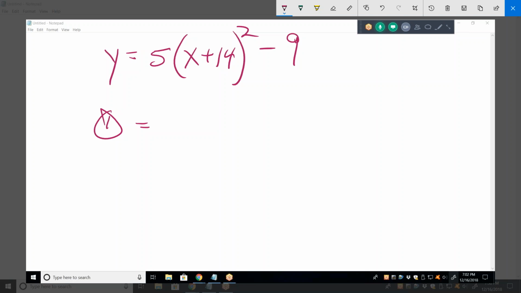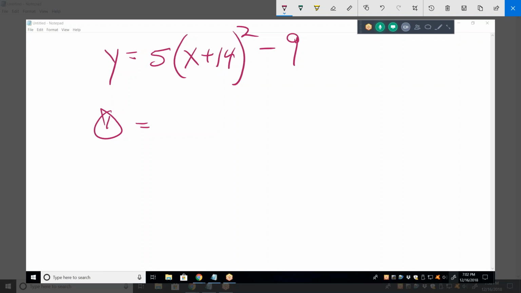I like working from left to right because that's how I do math. But if there was a reflection, if there was a negative sign inside the parentheses, and I don't mean x minus 14, I mean a negative sign in front of the x, then I'm going to do that reflection over the y first before I do anything else. But I don't have any reflections going on here.